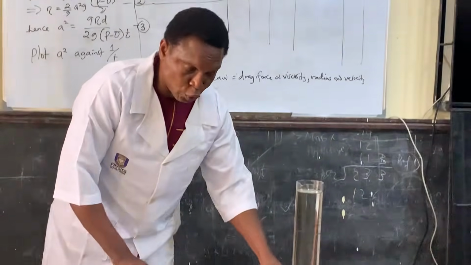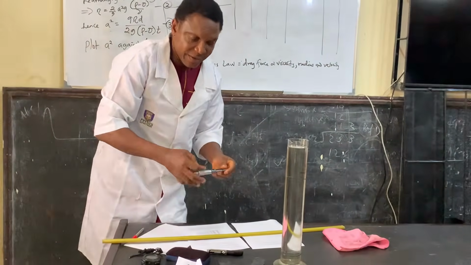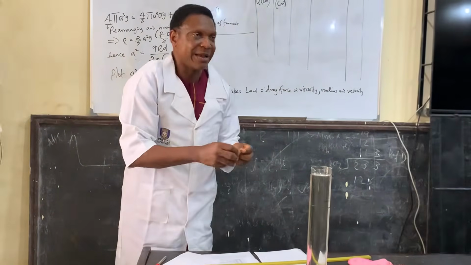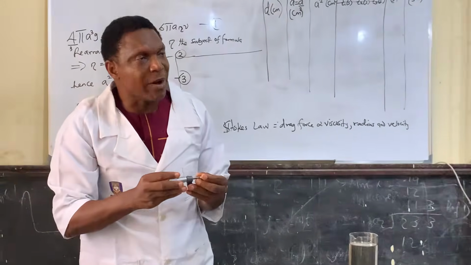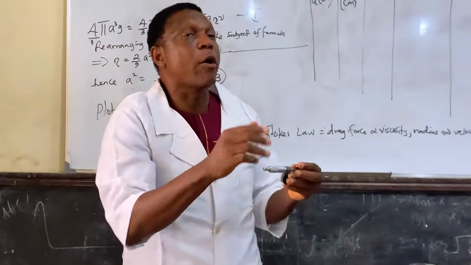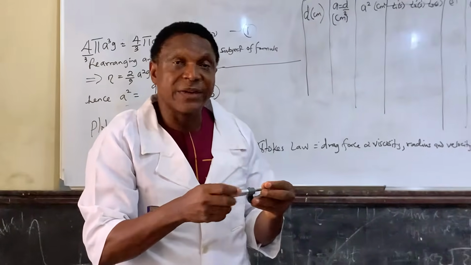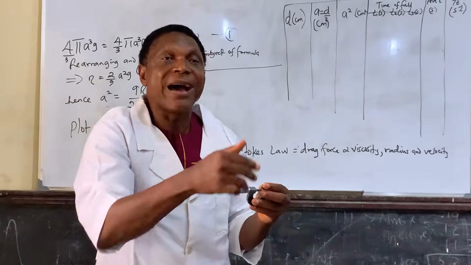The first thing you do is you determine the diameter of the metal ball. It's your choice. You can either determine the diameter for all the balls at the onset of the experiment, or you determine the diameter one after the other.